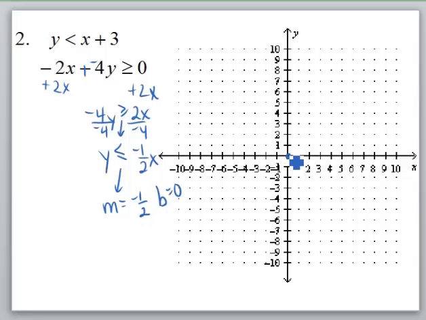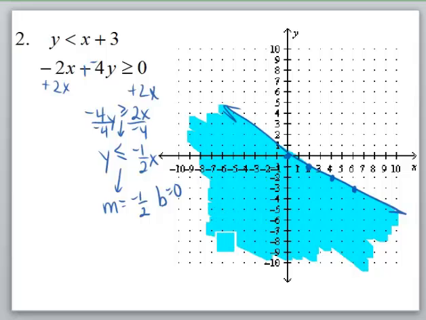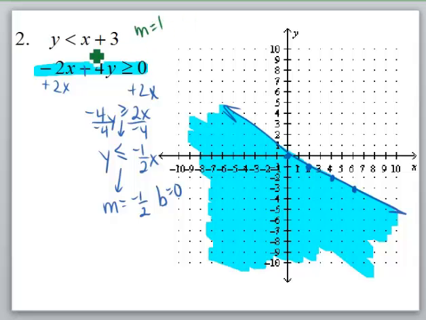So that means the slope of this line is -1/2, and your b value is 0. So I'll plot 0. I'll go down 1 to the right 2, down 1 to the right 2, down 1 to the right 2. I will use a solid line, and I'll be shading below that line. That is less than. Alright, the first equation has a slope of 1 and a b value of 3.